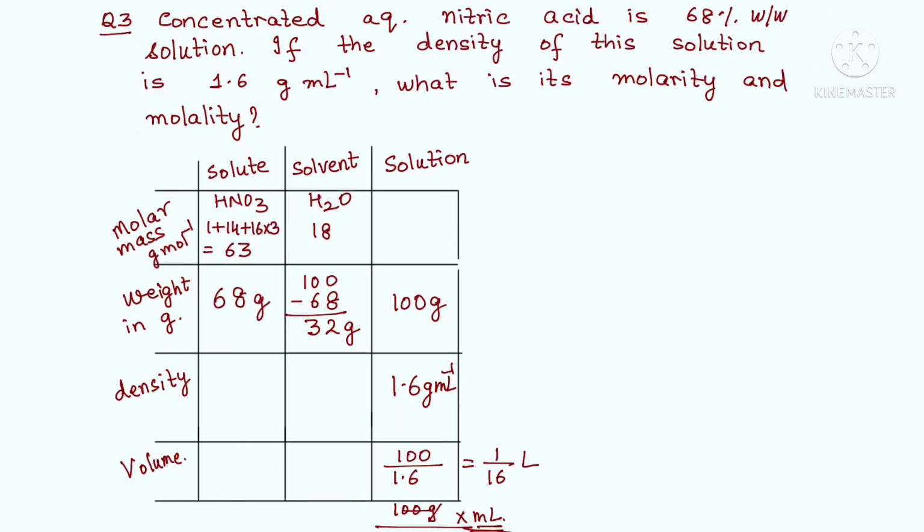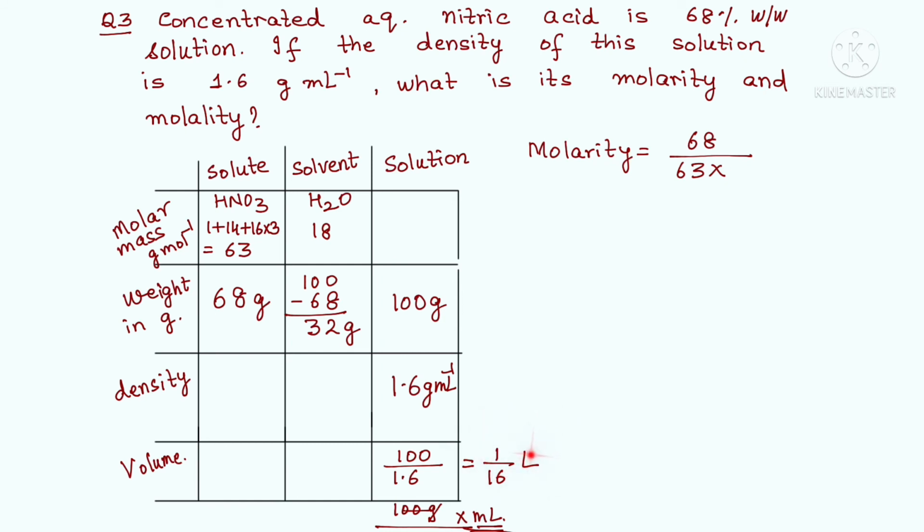Okay, so let's get going and we will find molarity first, that is weight of the solute, which is 68 grams, divided by the molar mass, which is 63, times volume of the solution in liters.